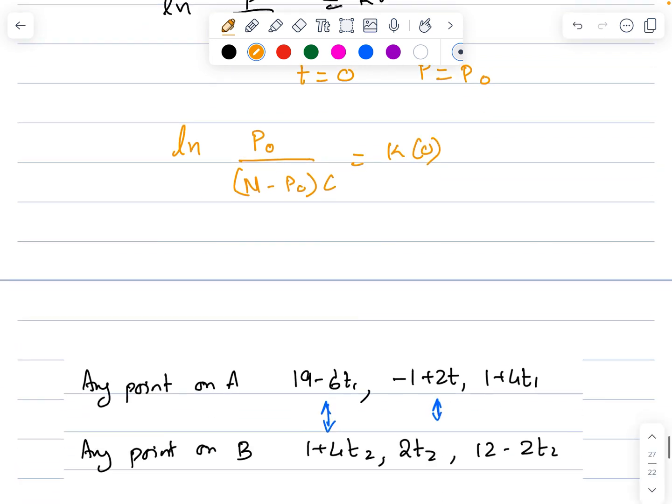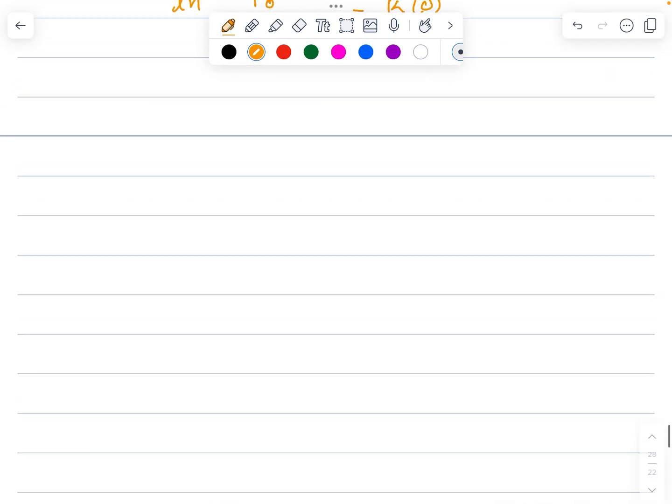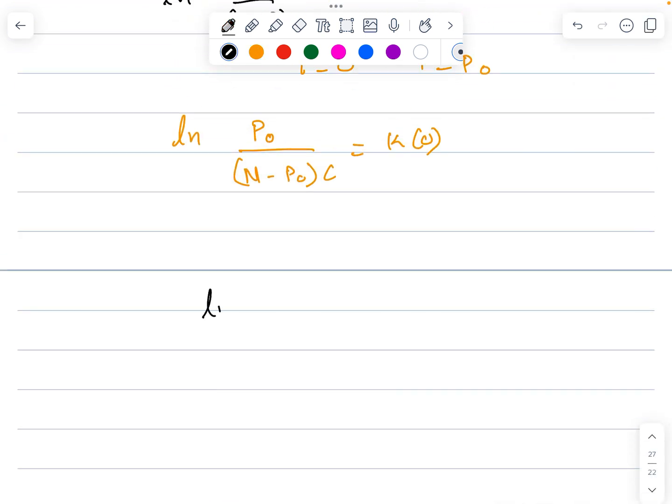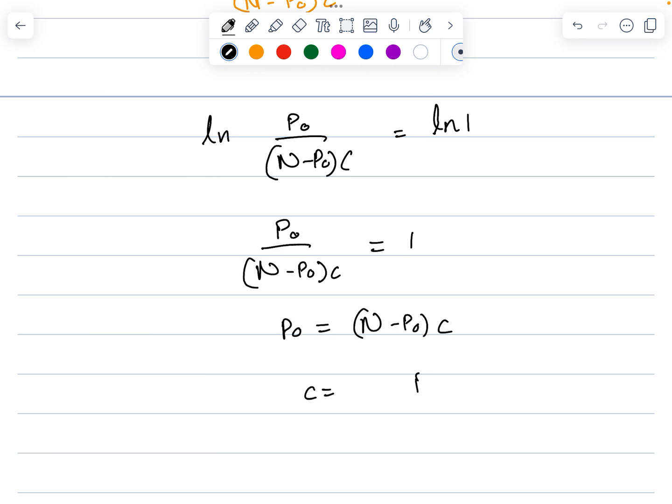So what does that become when it equals 0? ln 1 equals 0. So ln of P naught upon (N - P naught) times C should be equal to ln 1, because ln 1 is going to be 0. So P naught upon (N - P naught) times C equals 1. So P naught equals (N - P naught) times C. C equals P naught upon (N - P naught).